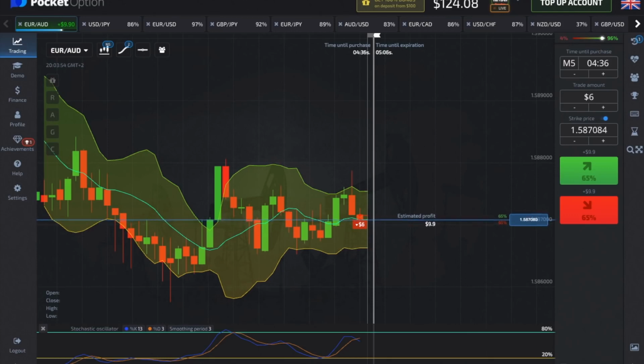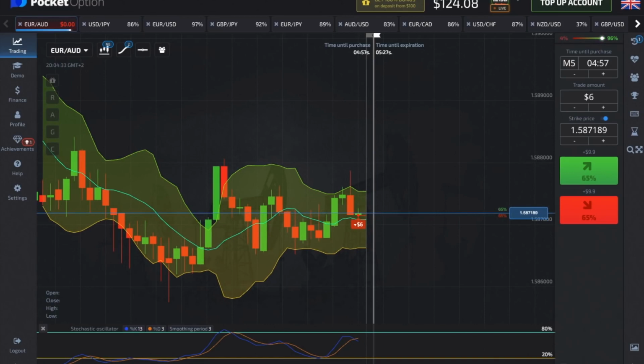But in a 5 minute candle, because one 5 minute candle in reality is 5 1 minute candles, it's normal that you're going to see in the beginning and in the middle of the trade that sometimes it's going against the direction. But what is important is that in the end, in the last 1 minute or last 2 minutes, it is going to go in the direction you're forecasting. So as you can see, this is what is happening here in this trade, and so we won it.